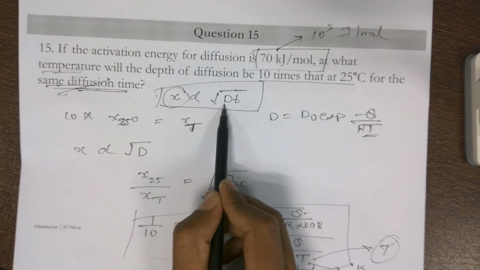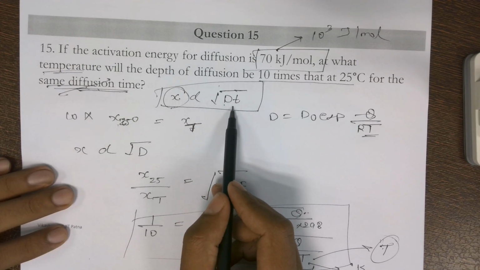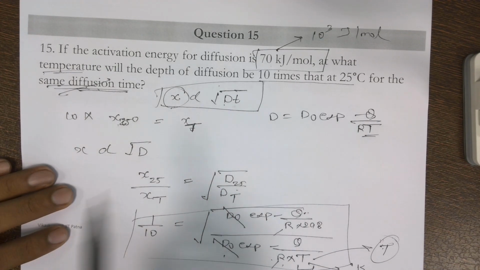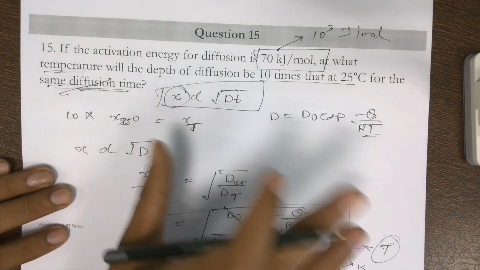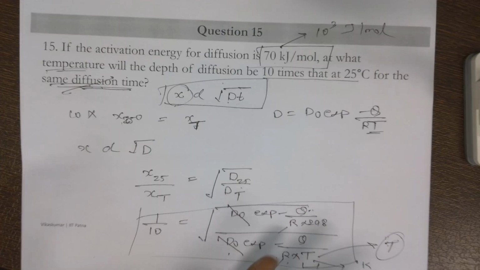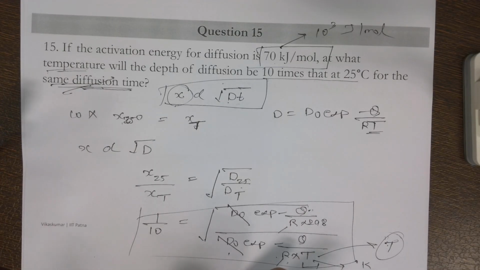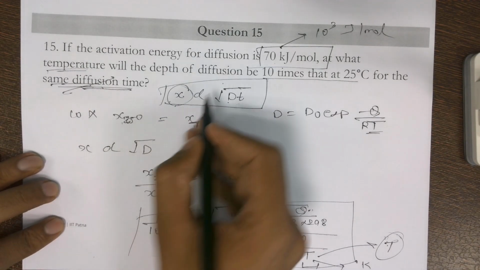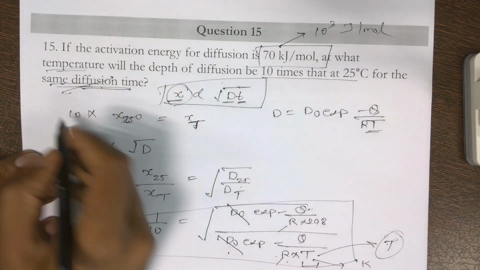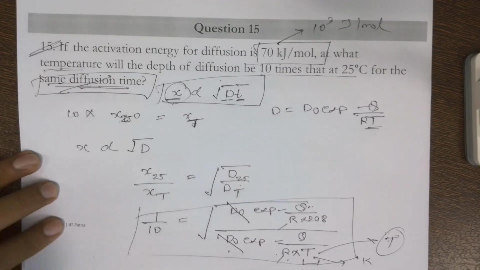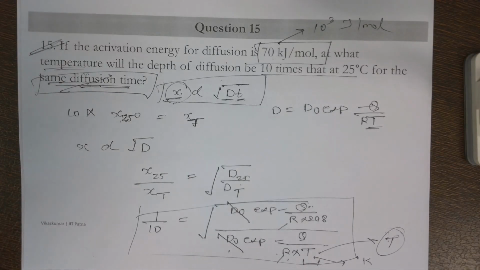Now let's say we increase the temperature. How much time will it take for the particular depth to happen? So in that case, the question is going to play with 2 of the variables, keeping one as constant. Either D can be the constant, or t can be the constant, or x can be constant. For our case, the time was constant. Okay. So with that, we have solved this question number 15.